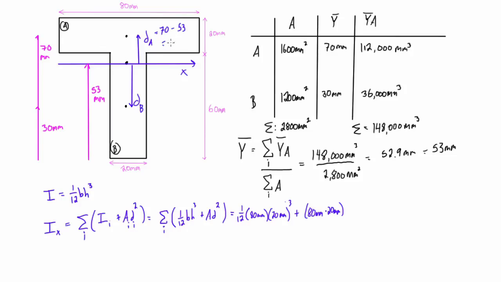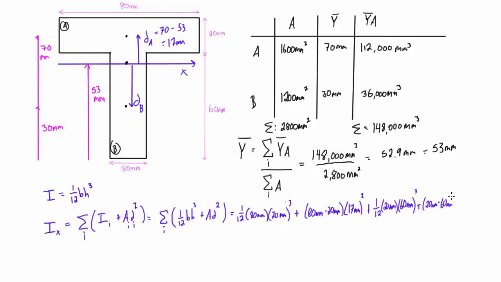We have one-twelfth times the width, which is 20 millimeters, its height is 60 millimeters, cubed, plus the area of the section, which is 20 millimeters times 60 millimeters, times d squared. The d in this case is 53 minus 30, that's the difference we need. If this is 53 and this is 30, the difference is going to be 23 millimeters. So now we have times 23 millimeters to the power of 2.